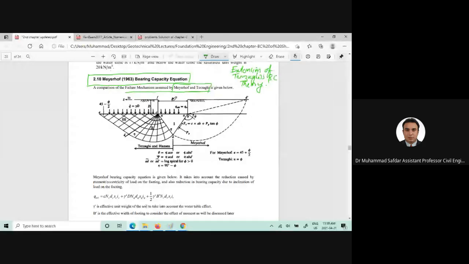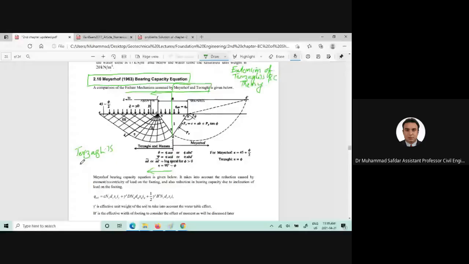For example, if we make half portion on the left side, this is for Terzaghi's failure mechanism, and this one would be the Meyerhof failure mechanism.